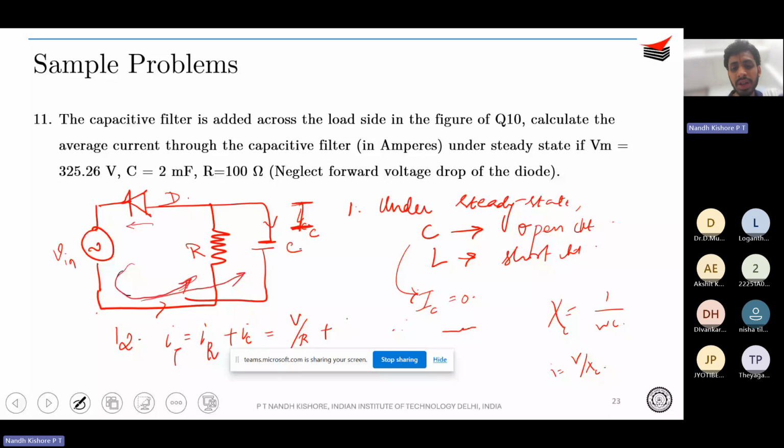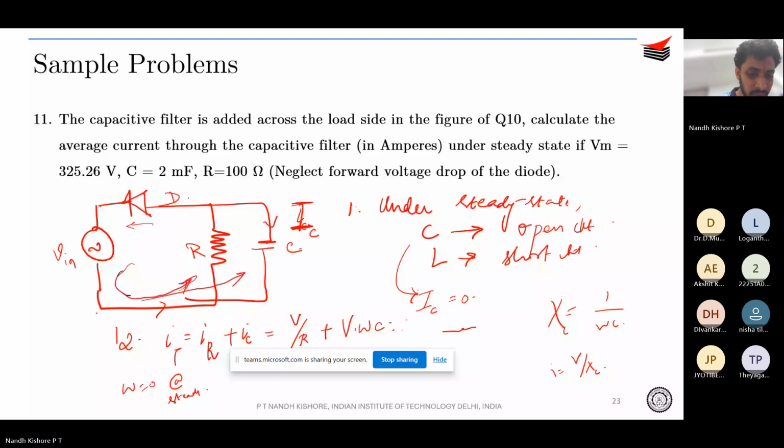Under steady state, omega is 0. Therefore, you know that IC will also be 0, because it is V into omega C, right? Under steady state, omega is 0. Therefore, your IC component of current will also be equal to 0 at steady state. Correct?